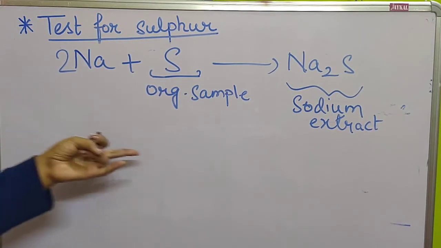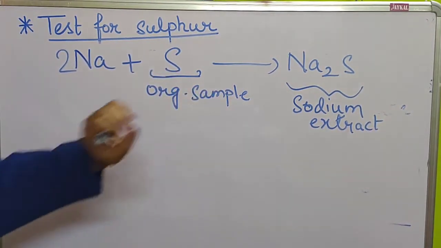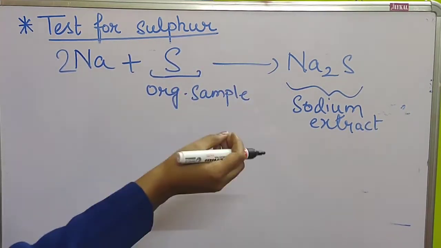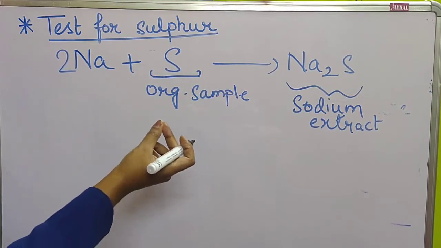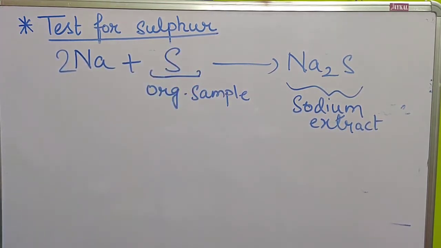In the initial case sodium thiocyanate was present in the sodium extract, and now this compound is present in the sodium extract. If you take a little sodium extract and add sodium nitroprusside to it, it will change into a violet or purple colored compound, which confirms the presence of sulfur in the compound.